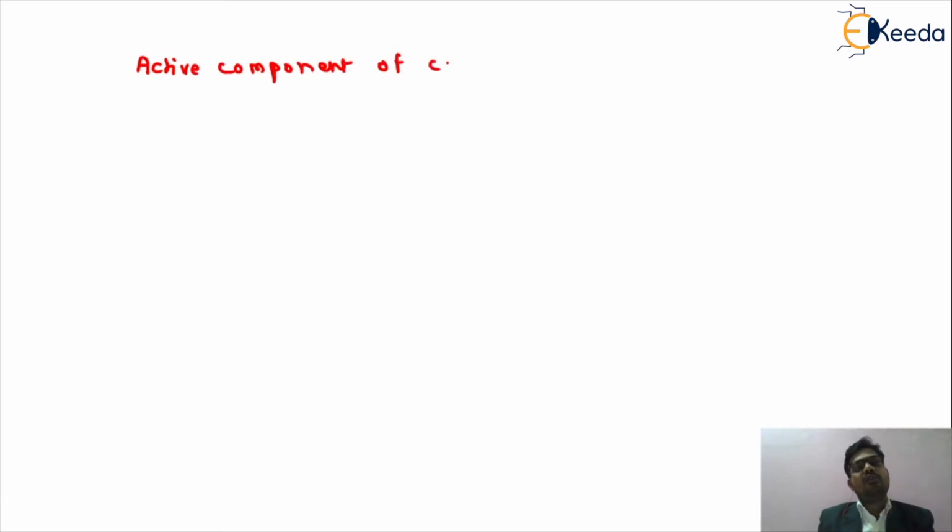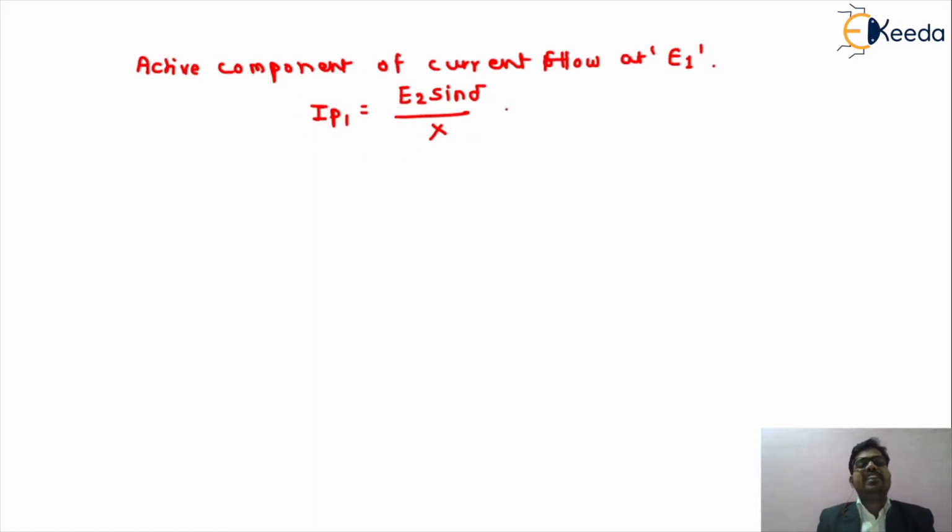Now we can write this will be the active component of current flow at E1. According to the fundamental equation of current, we call it IP1 is equal to E2 into sine del divided by X. Basically we are getting this equation because we have the fundamental equation IL is equal to EL by X. So if you want to get the value of IP1, we refer to this phasor diagram.